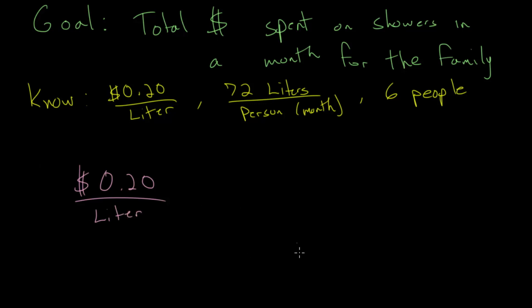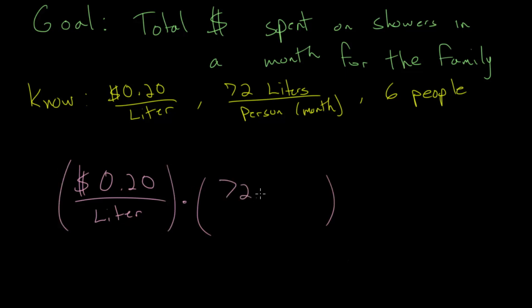We want to change this into the total cost per person, and then once we find the total cost per person, we can just multiply by the 6 people to get the total cost. So to change this to cost per person, we'll use this piece of information, and we want to put liters in the numerator. We're essentially just multiplying by fractions now.